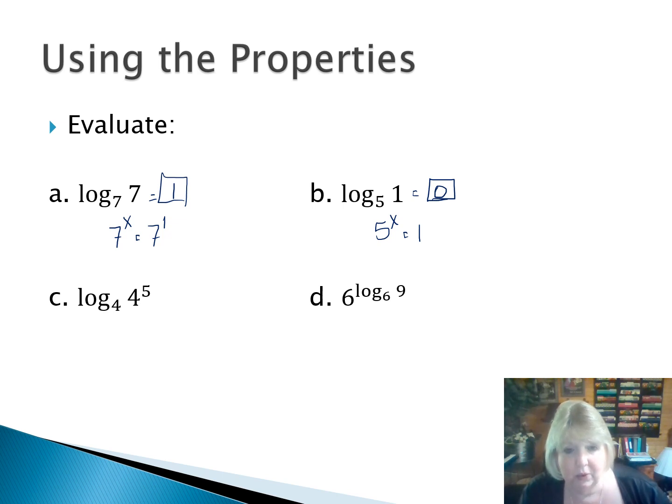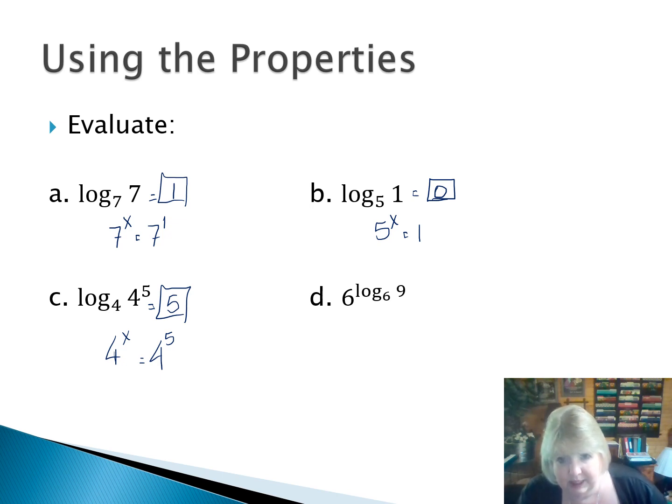Log base 4 of 4 to the 5th, say equals x if you want to put it in exponential form. 4 to the x equals 4 to the 5th, so x is 5. Okay, that's one of those inverse properties, just like the 7's up here.